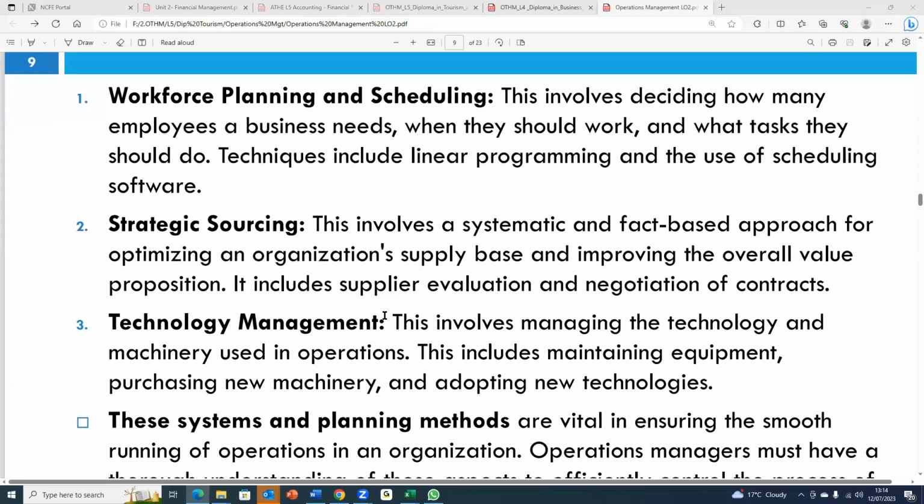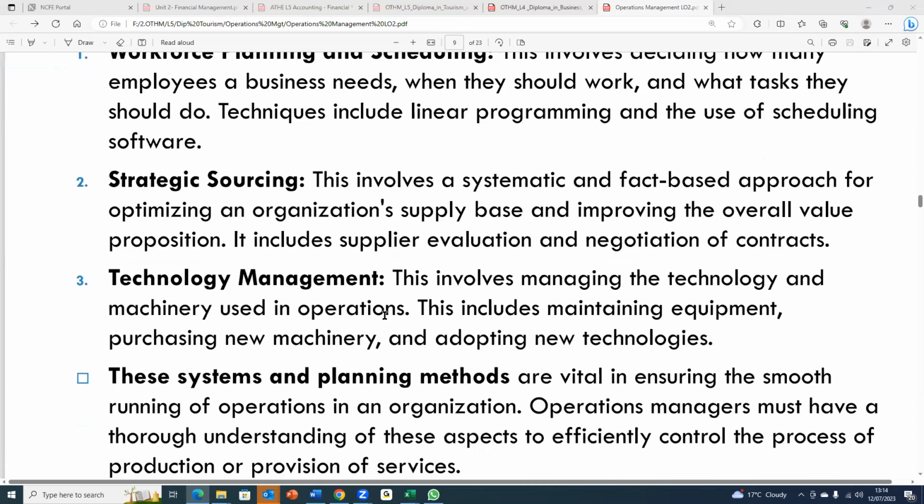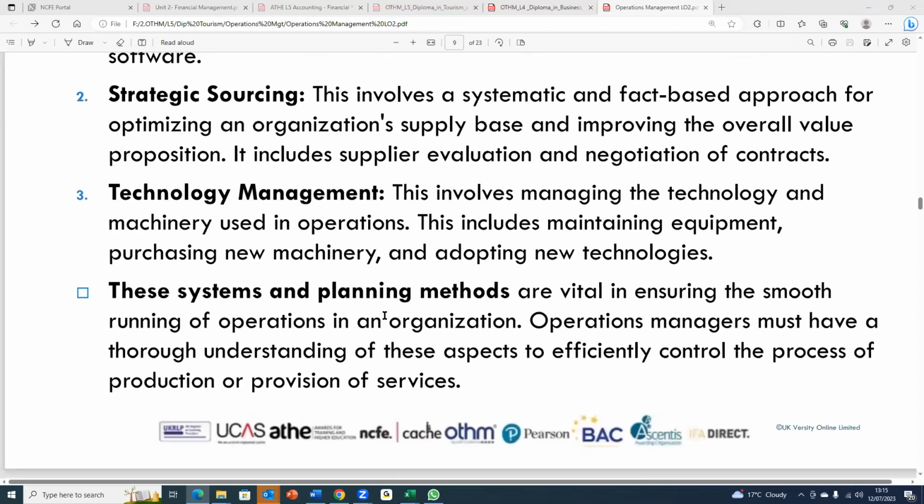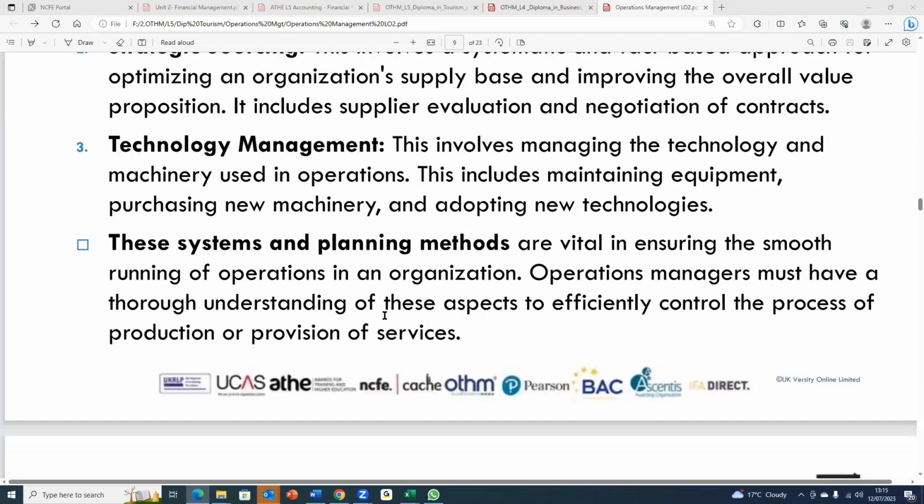So it looks at the contracts, it looks at the suppliers' contracts, and negotiation of contracts. Okay, you can use other IT equipment. You can look at the maintenance technology.